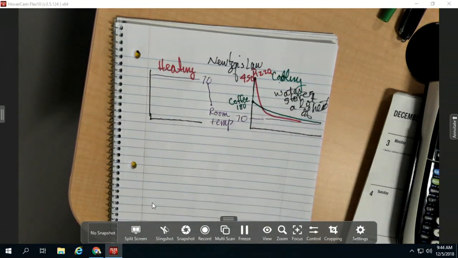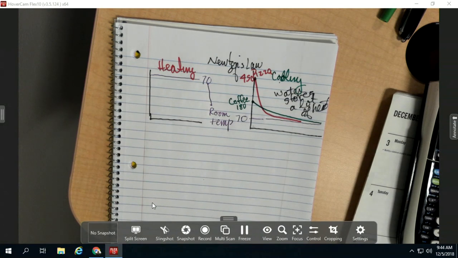Now, you can tell this is cooling because the temperature is going down until it gets closer to zero, right? And room temperature, over here, I've got the purple line still at 70, but how do I know it's Newton's law of heating? Because I'm trying to get something up to room temperature, okay?